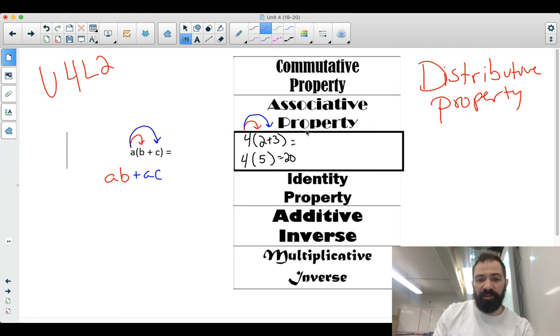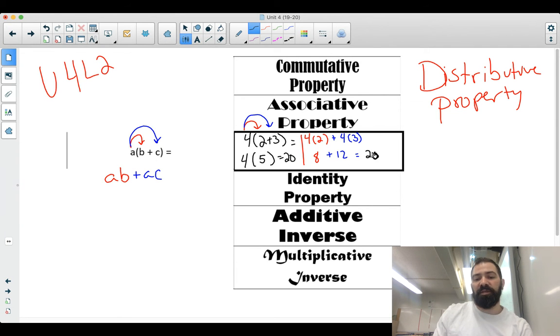So we end up with 4 times 2 plus 4 times 3, and then we can simplify. 4 times 2 is 8 plus 4 times 3, which is 12. If I add both of those together, 8 plus 12, I get 20.